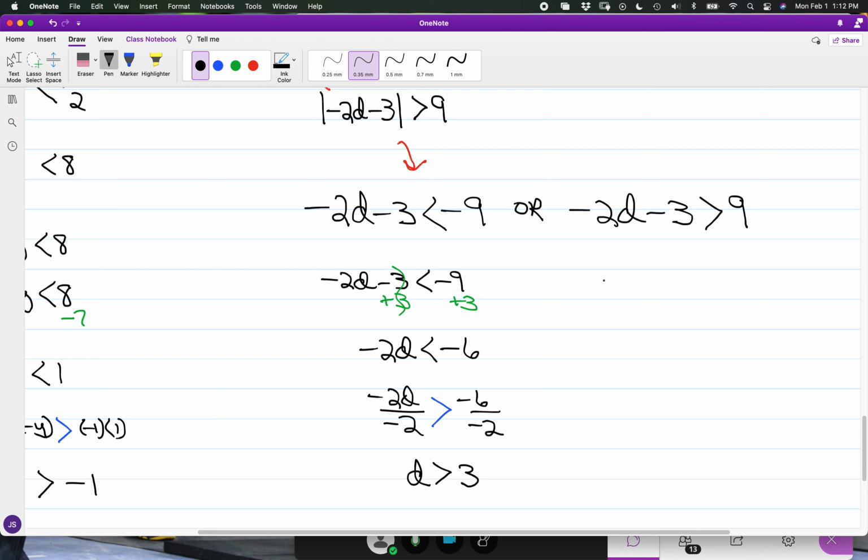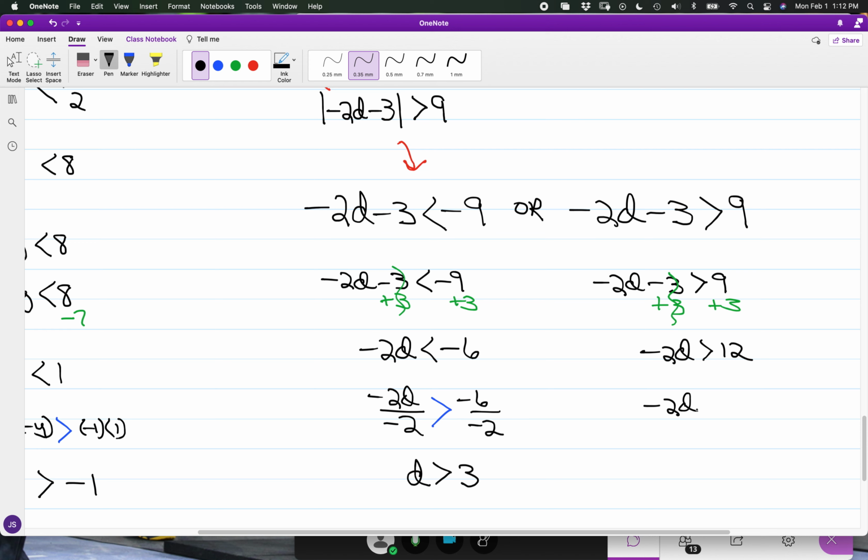Now we have our other statement portion, again starting from negative 2d minus 3 is greater than 9. So if I isolate the negative 2d term, upon adding 3 to both sides, we're going to have negative 2d is greater than 12.